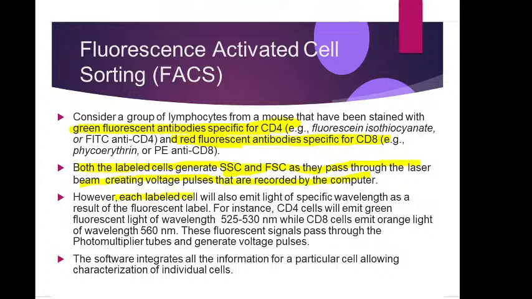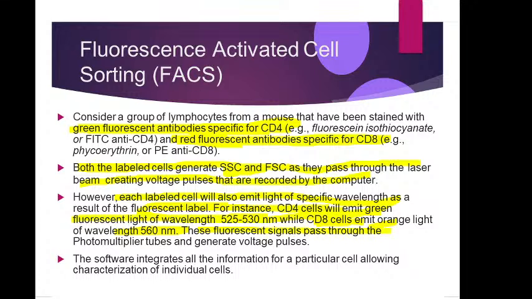However, each labeled cell will also emit light of a specific wavelength as a result of the fluorescent label. For instance, CD4 cells will emit green color at the wavelength of 525, while CD8 cells will emit orange light at the wavelength of 560.